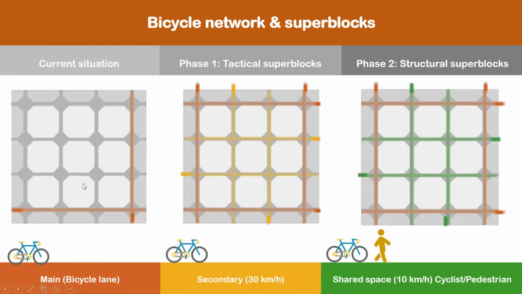In the next phase, you can also see how the space is reduced, because in one Superblock we don't need every single road and every single block to be accessible by vehicle, so it's more functional for the users in every single block here.